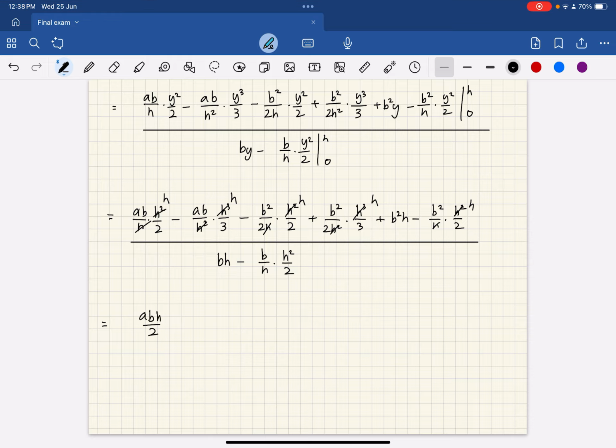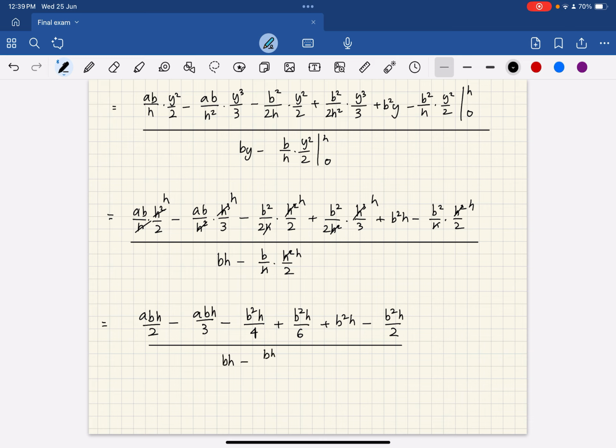I get ABH over 2, minus ABH over 3, minus B squared H over 4, plus B squared H over 6, plus B squared H, minus B squared H over 2. Okay. Alright, let's cut this one as well. Alright, so we'll have here BH minus BH over 2.